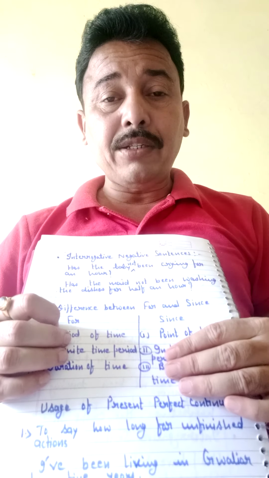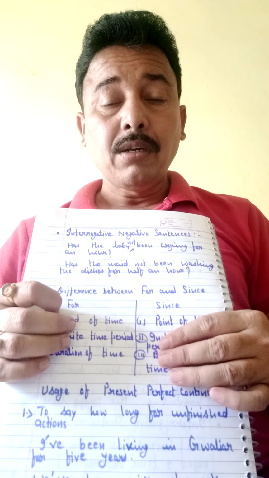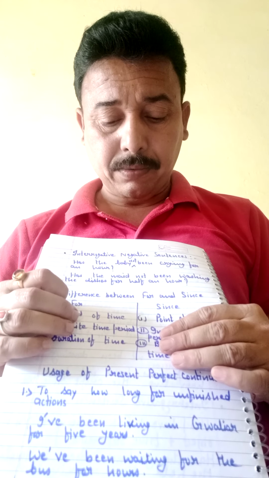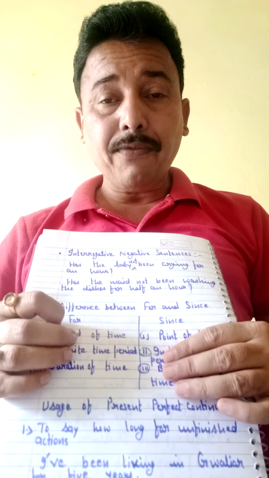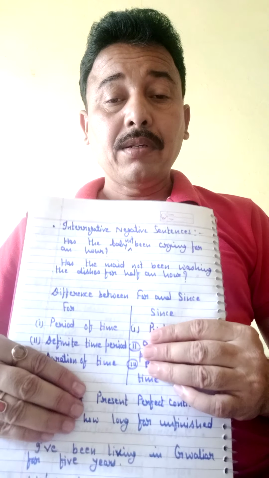Second example: has the maid not been washing the dishes for half an hour? These two are interrogative negative.